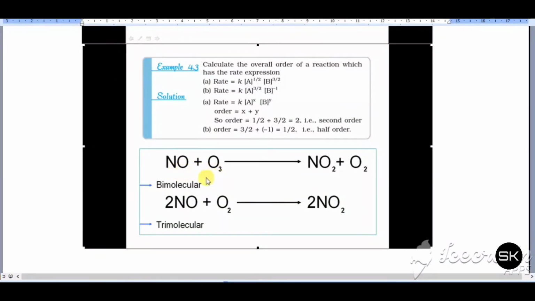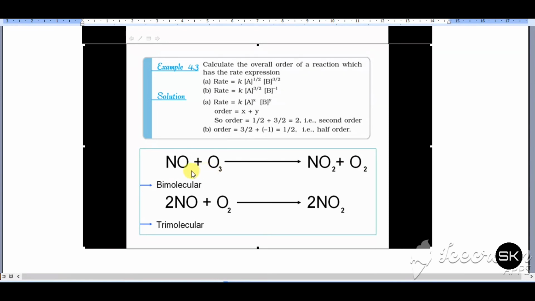Calculate the molecularity of these two reactions. Now see the molecularity of these two reactions. Here 1 mole of nitric oxide reacts with 1 mole of ozone to give 1 mole of nitrogen dioxide and 1 mole of oxygen.